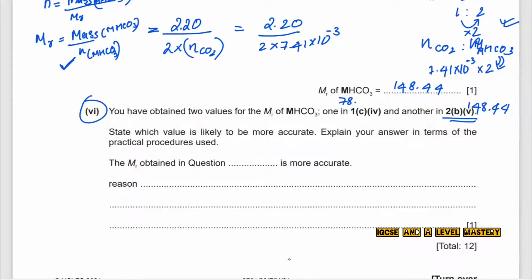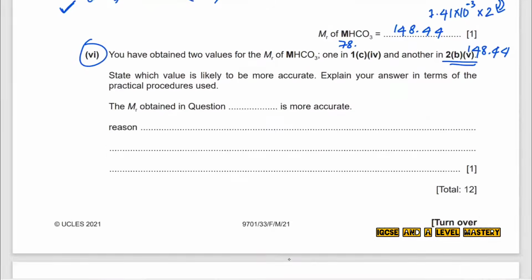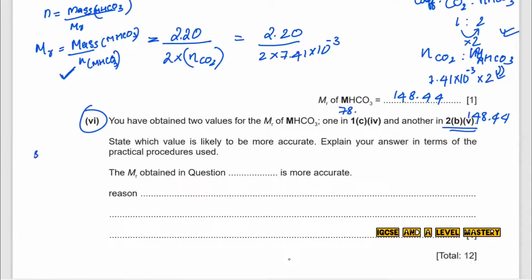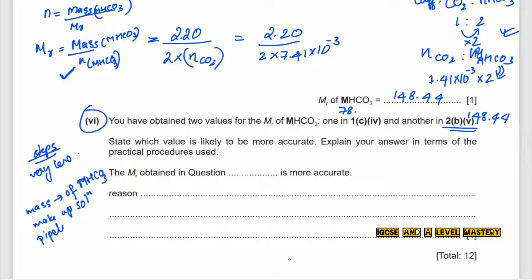If you look at the procedures, in this particular experiment, the number of steps involved is very few. While in the first experiment, we had to weigh the mass of the metal hydrogen carbonate first, then make up the solution, and then pipette it out, and take the burette reading.